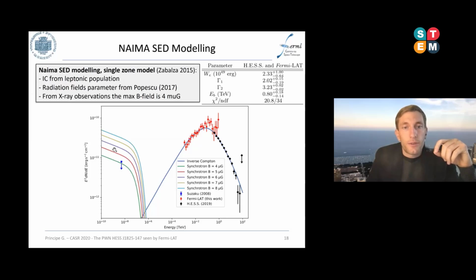We also use the X-ray observations in order to constrain the magnetic field. What we find is that the total energy of the electrons in this nebula is around 10 to the 39 ergs, so 2.33 times 10 to the 39 ergs.